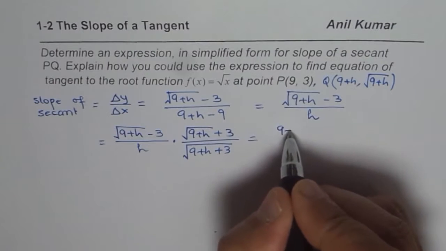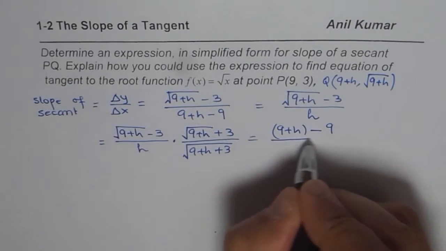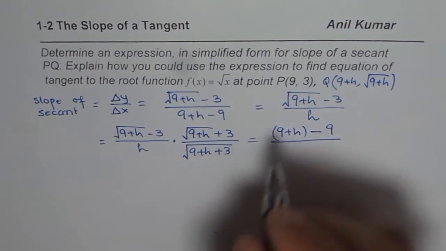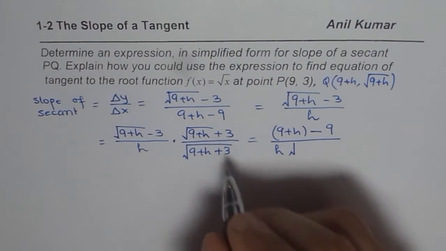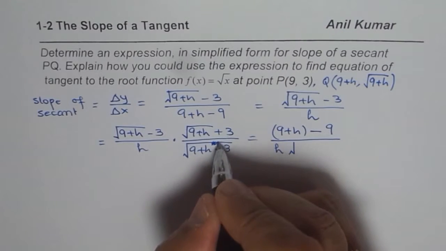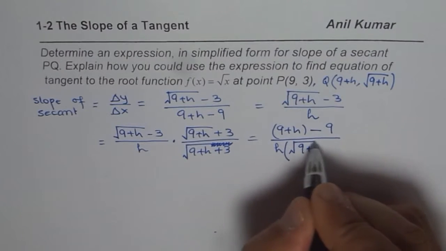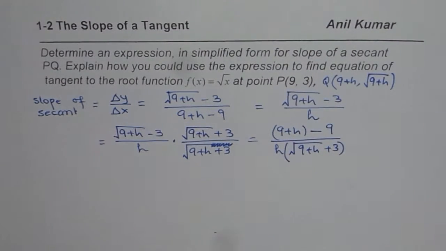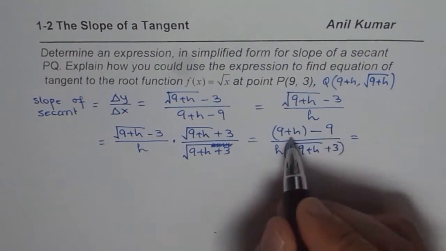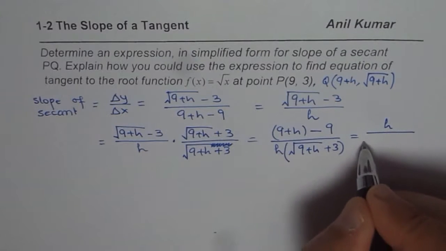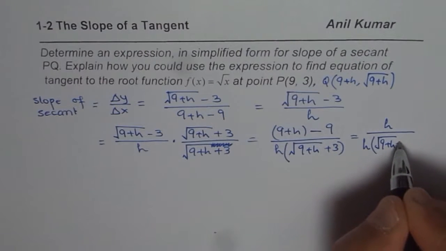So we get here square root of 9 plus h, squared, minus 3 squared, which is 9, divided by, do not expand the denominator. Well, I wrote this wrong. It should be within brackets square root of 9 plus h plus 3. So that is what you get. And in the numerator, 9 minus 9 is 0. So you're left with h over h times the bracket, square root of 9 plus h plus 3.